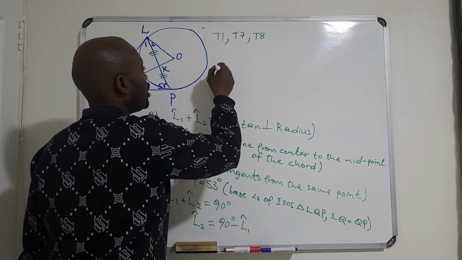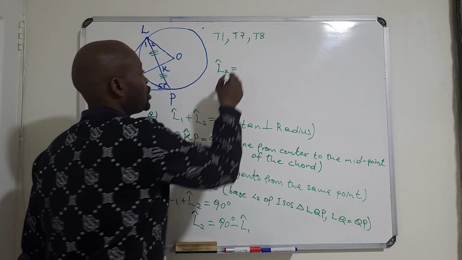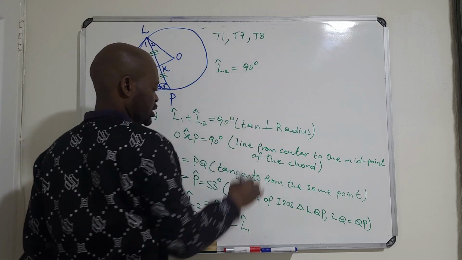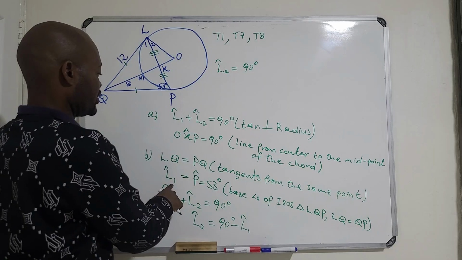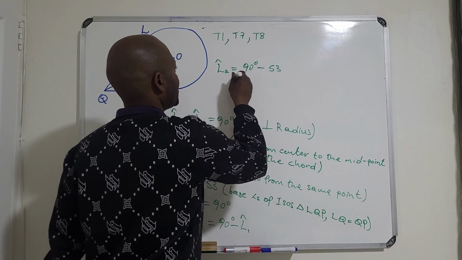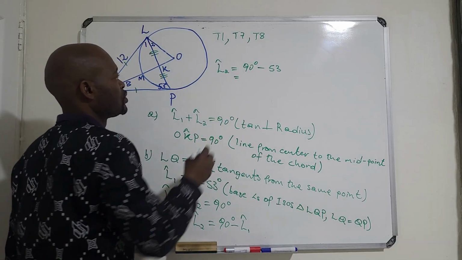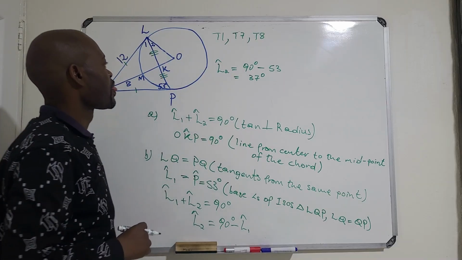Now, angle L2 is equal to 90 degrees. We know angle L1 is 53, minus 53, which is equal to 37 degrees.